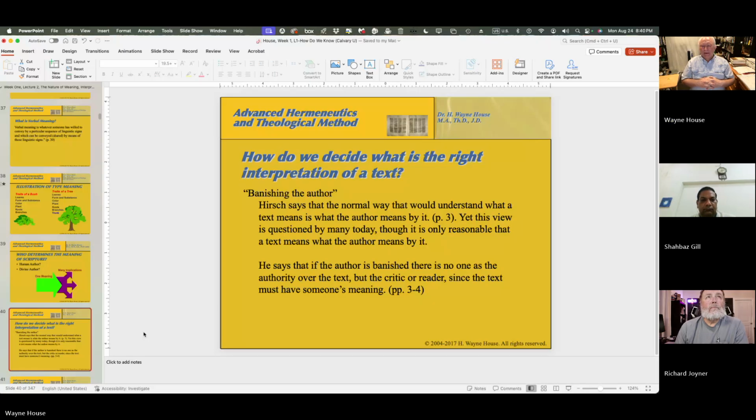Mm-hmm. See, I think that's the problem we run into, because people are ignoring all the things the author is saying and imposing something that they bring to the text. And usually what it is, Richard, is they bring into the text their own experience in the church. Yeah. And then they have to interpret it as being the meaning of the text, because that's what they're practicing. Yep.